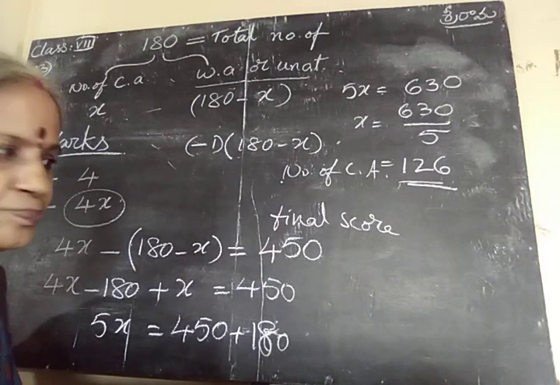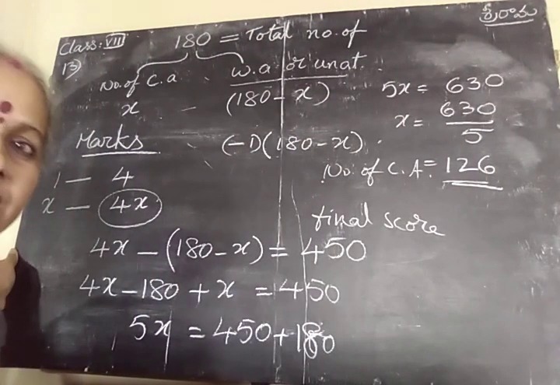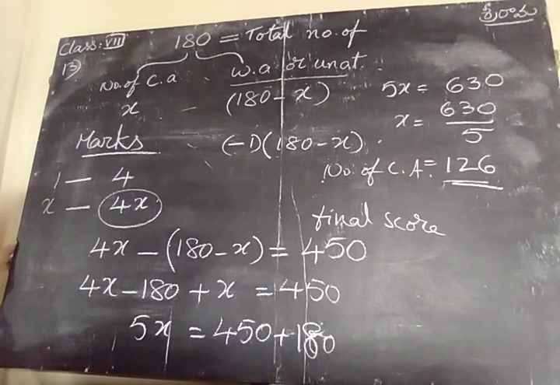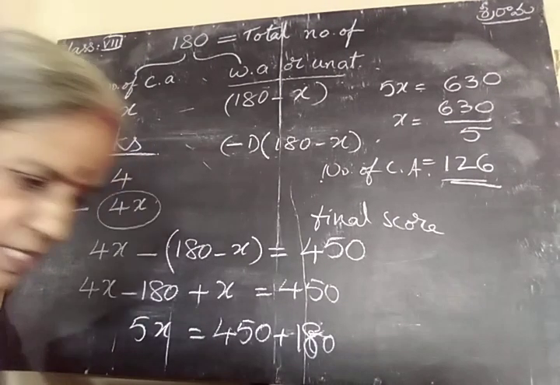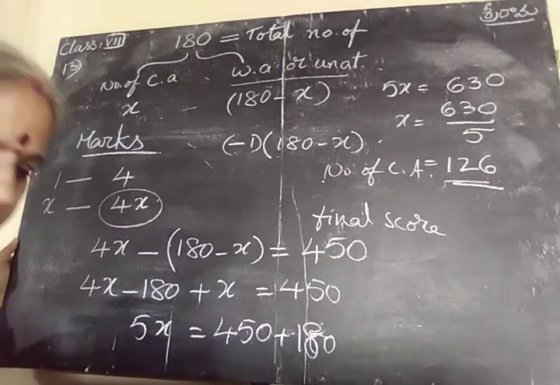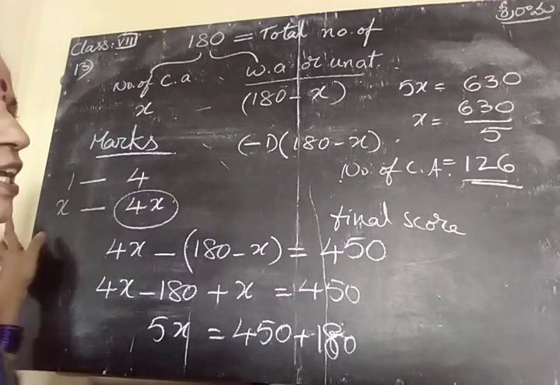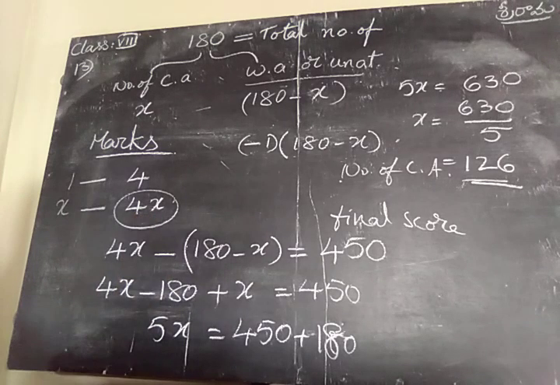Understood? How many questions did he answer correctly? 126 questions.